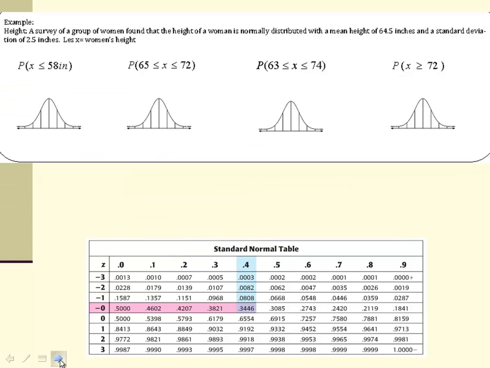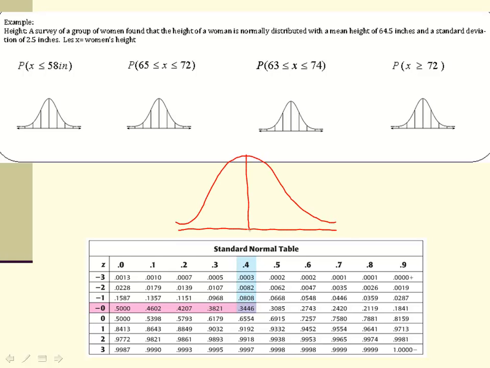Here's what happens. I give you a survey of women where the height is normally an average of 64.5 inches, with a standard deviation of 2.5 inches. Okay, so here's what we're going to do. I'm going to write this really big for a second because we're going to have to fill some things in.